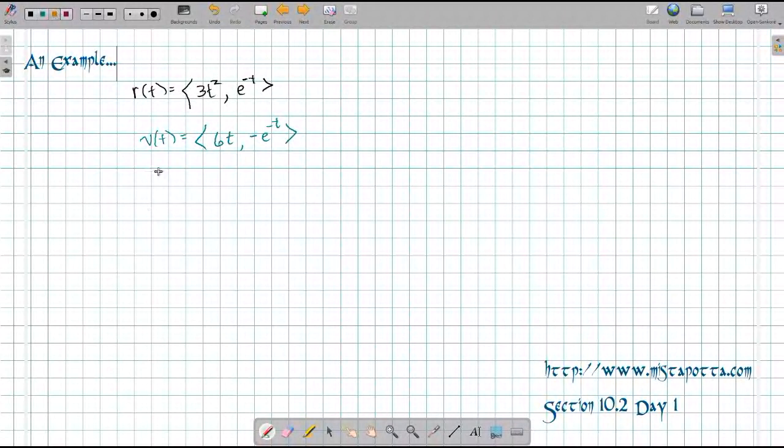And if I want to find acceleration, I'm going to be taking the second derivative here. So the second derivative is the constant 6, and the second derivative here would make this again positive e to the negative t.